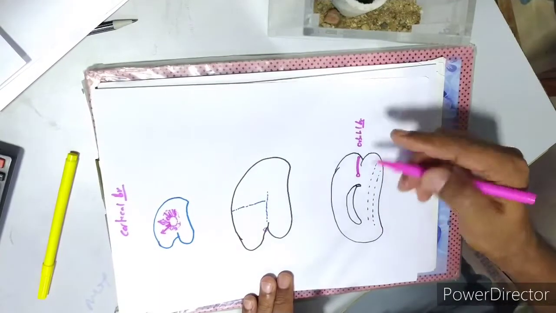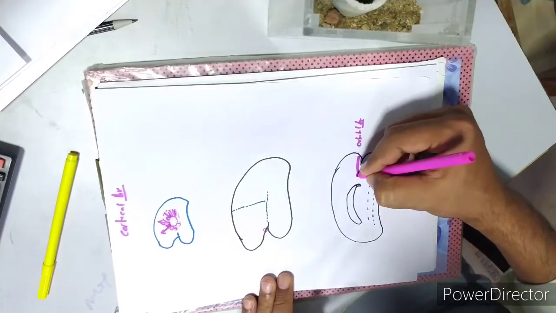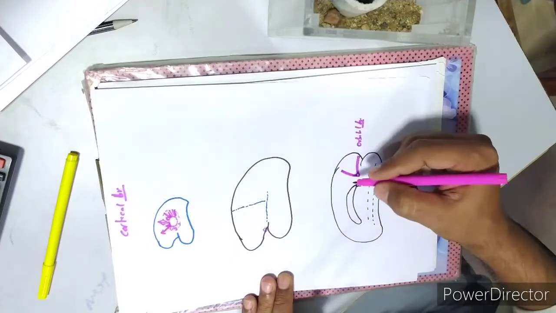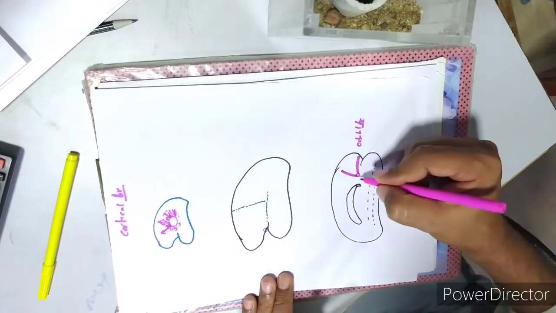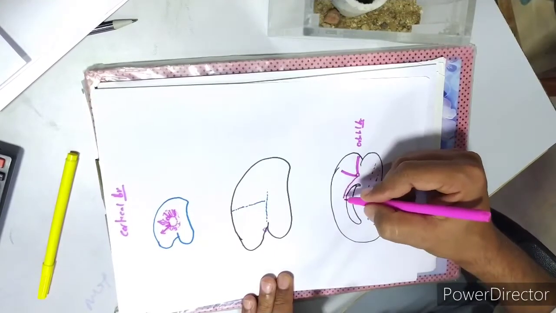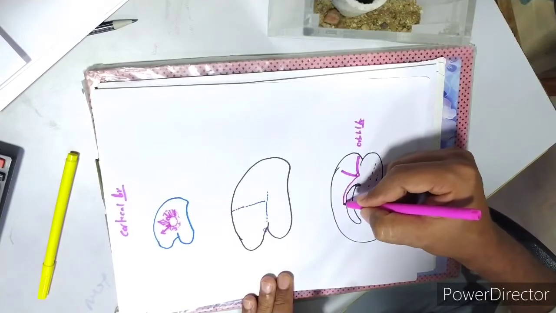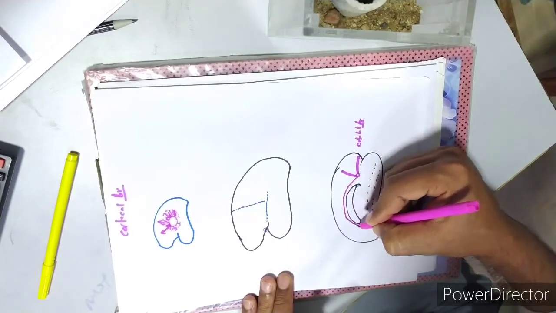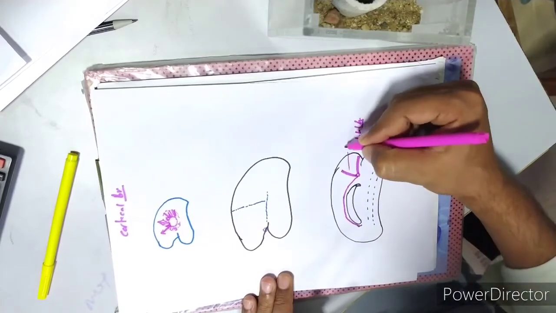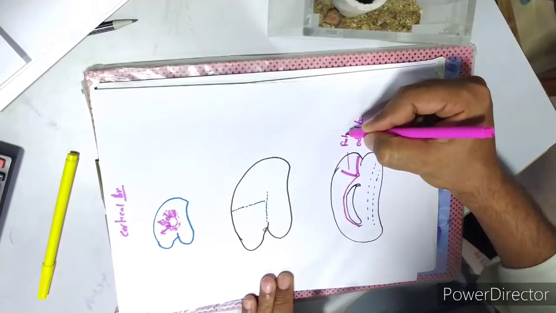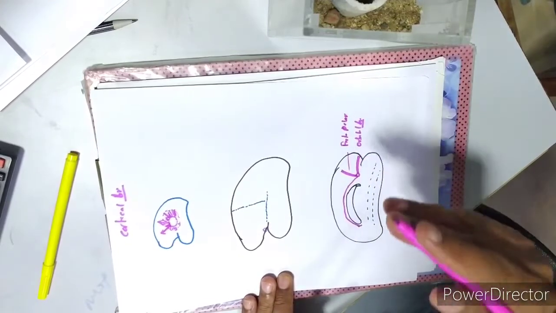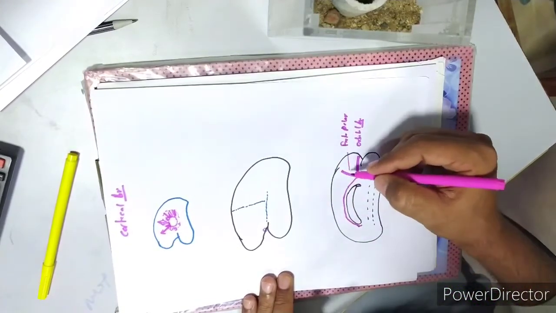Then another, the frontopolar branch, passes to the frontal pole. The frontopolar branch supplies the medial surface of the frontal lobe.